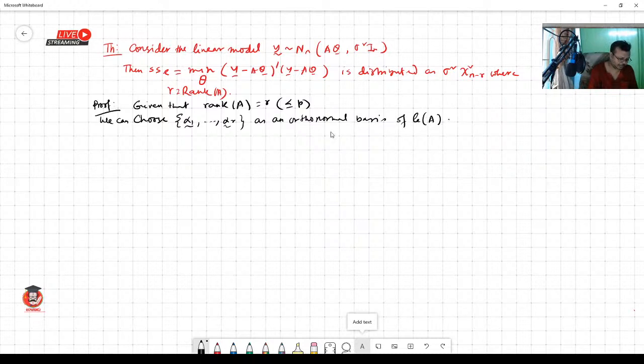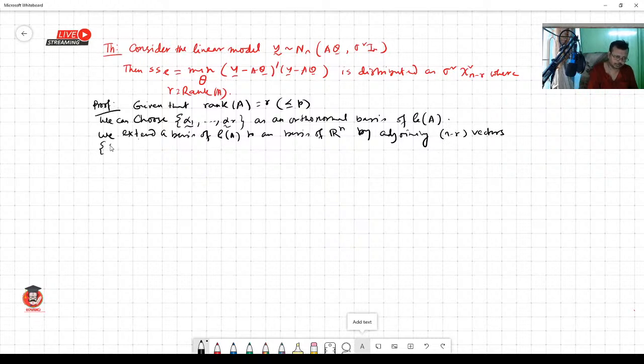We extend the basis of the column space of A to a basis of R^n by adjoining n minus r vectors.